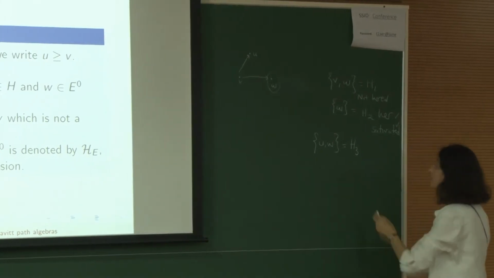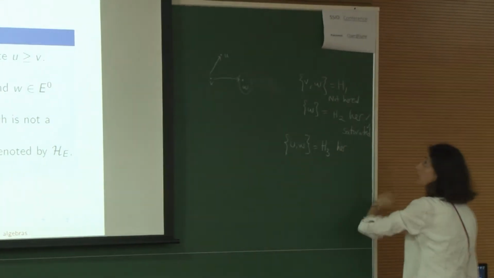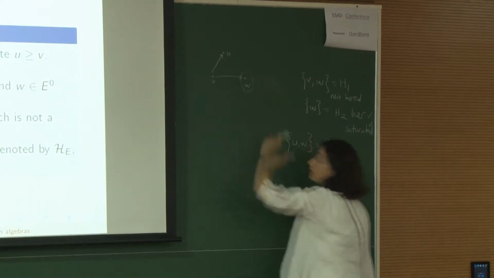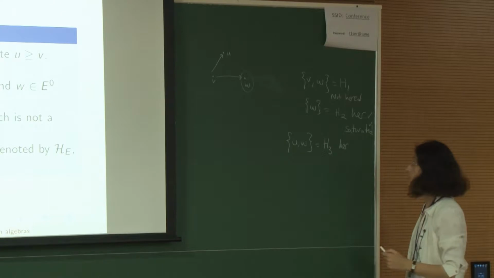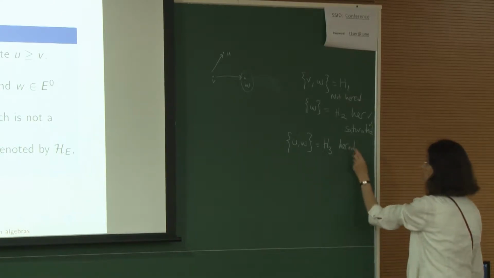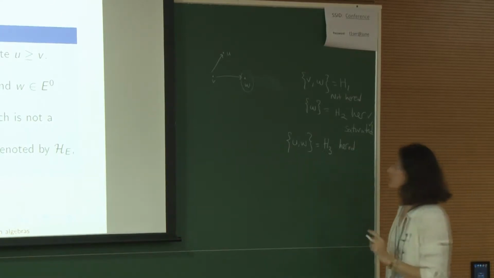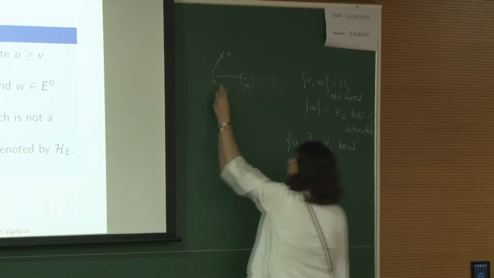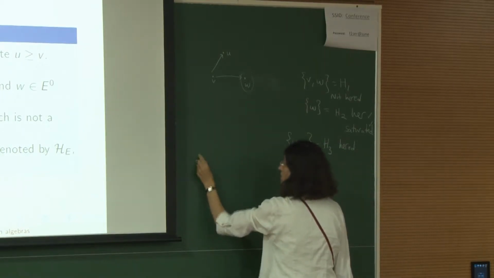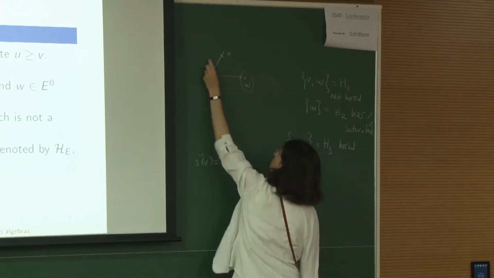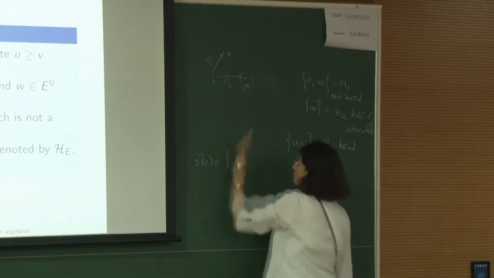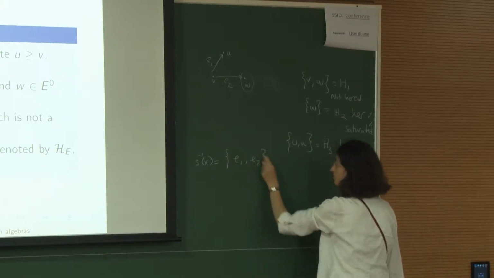Look at H3. This is hereditary. You have U and V that are both sinks, so you cannot go anywhere from those two vertices. It is a hereditary set, but it's not saturated. The reason being, s inverse of B for this set is, let's give these names, e1 and e2.